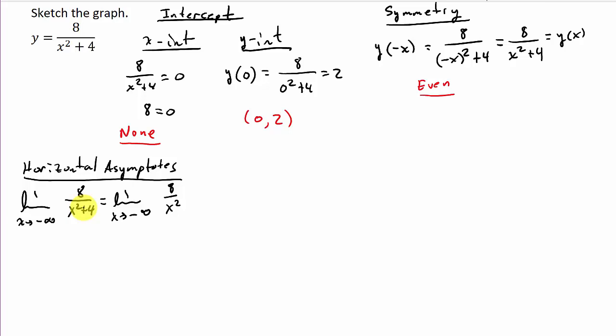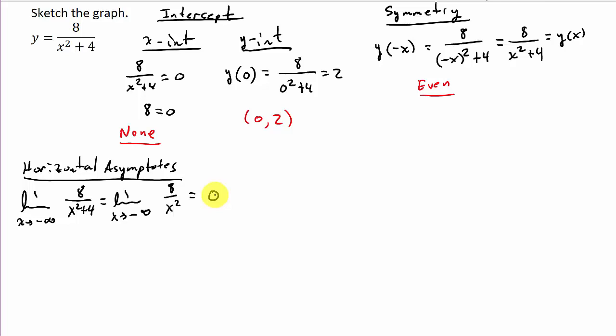If you need more on this, I've got some videos on just calculating limits like this. You can go check those out. So with this, as x is going to negative infinity, that's being squared, so this denominator is getting really big. So that's going to 0.